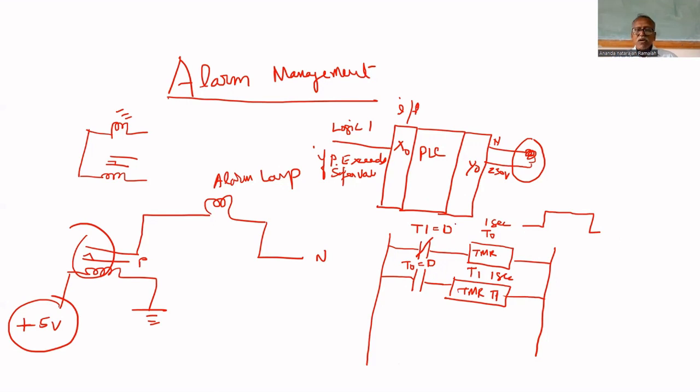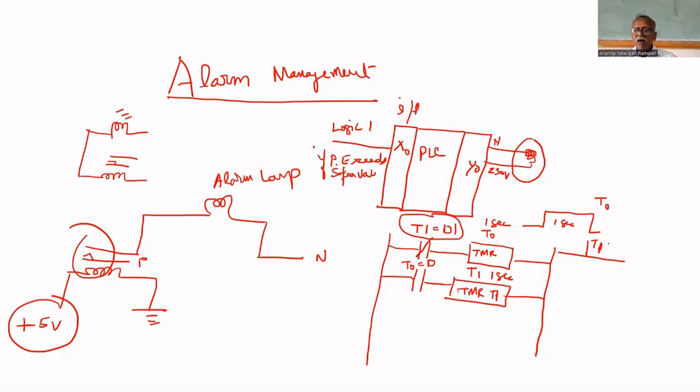Immediately T1 also turned off. So again it becomes 1. Momentarily it becomes 1. Which one? T1. This is T1. This is T0. T0 was on for 1 second. Momentarily T1 becomes 1, and at that time T0 becomes 0. Again, the signal becomes 1.